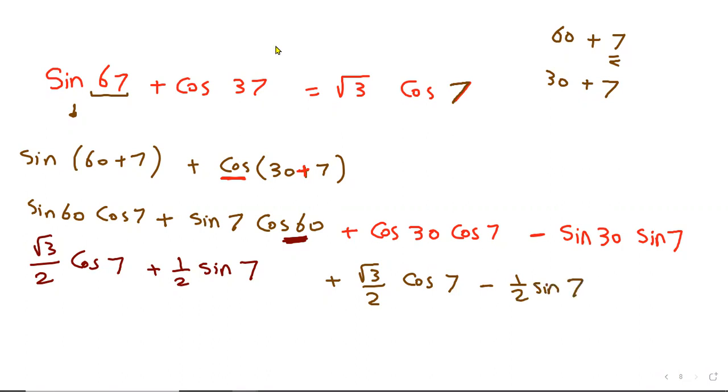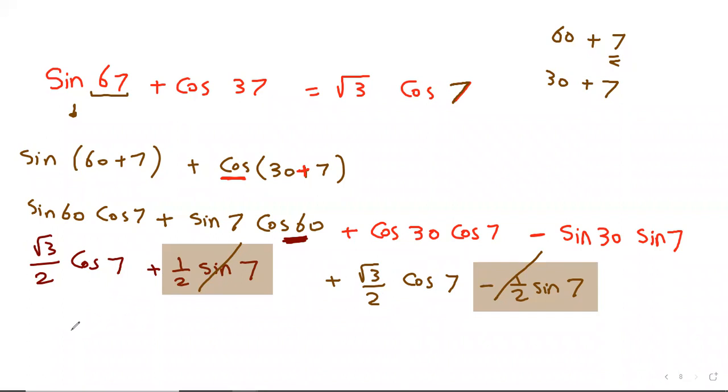We observe that we have two terms with different signs, half sine 7 and negative half sine 7. Cancel them out. We end up with root 3 over 2 cosine 7 plus root 3 over 2 cosine 7.